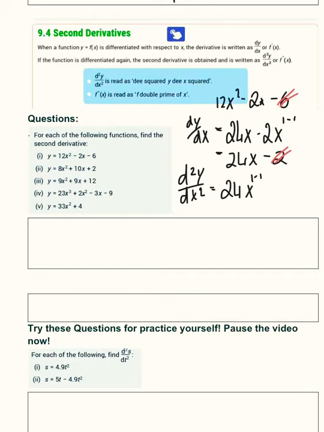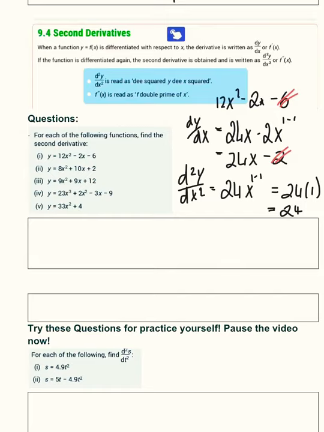Tidying up, we get 24x to the power of 0, which turns to 1, so we have 24.